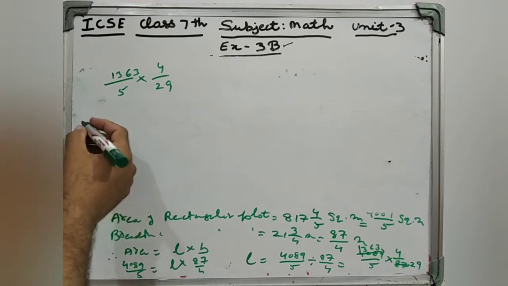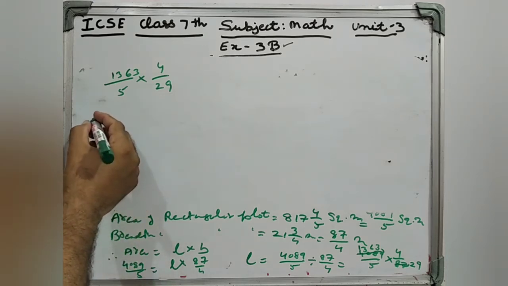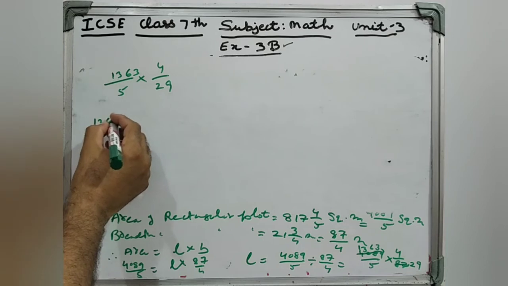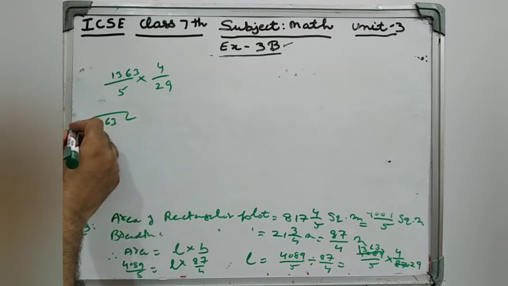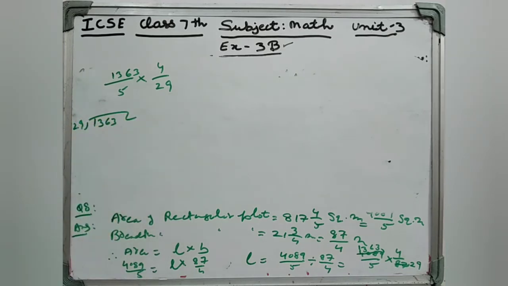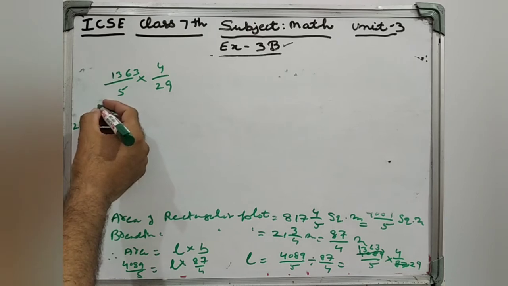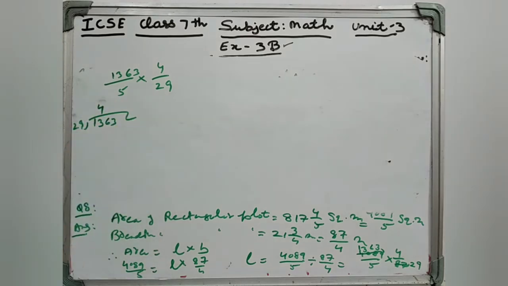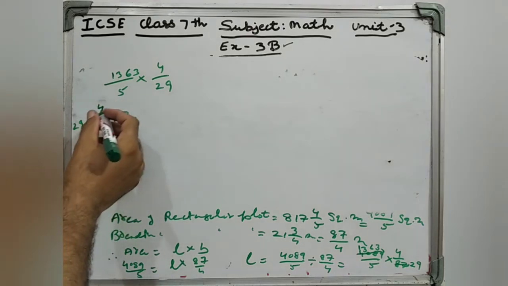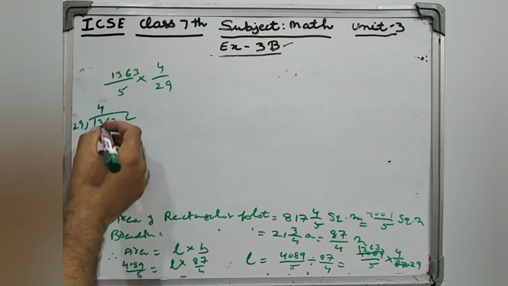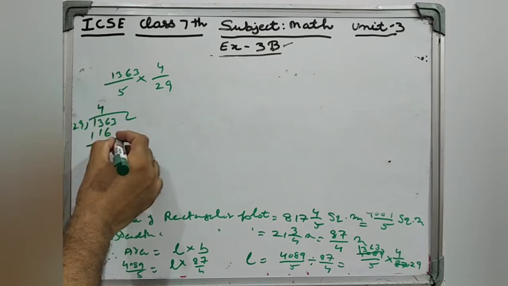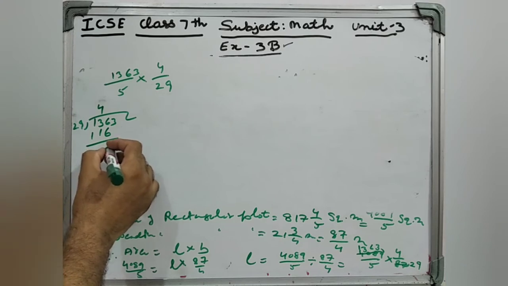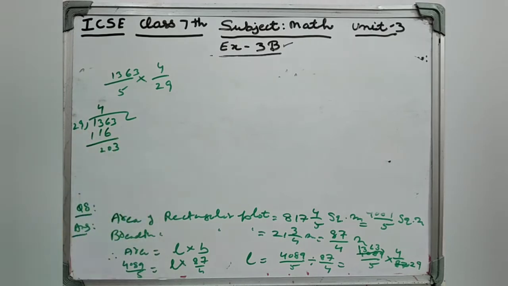Now can it go furthermore? 1363 with 29: 29 5s are 145, 29 4s are 116, 9 4s are 36, 4 2s are 8 plus 3 is 11. Right, 203.